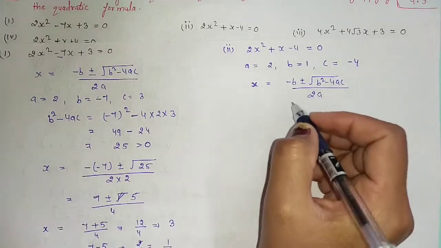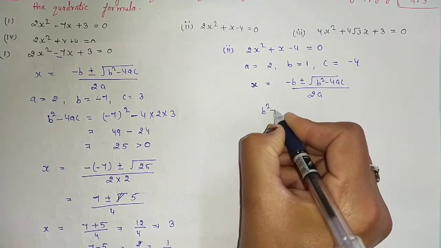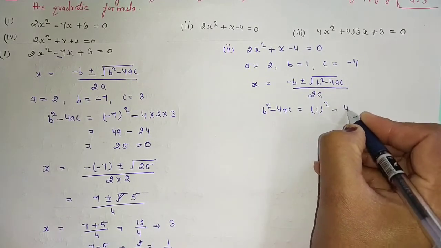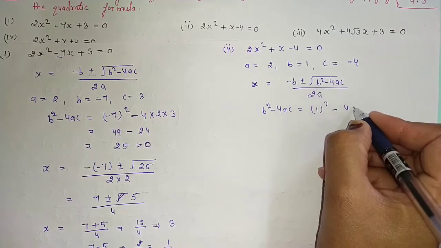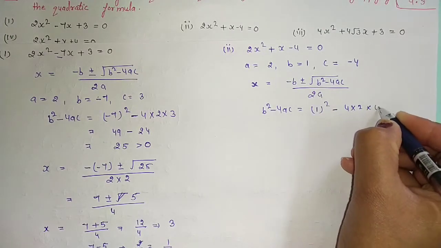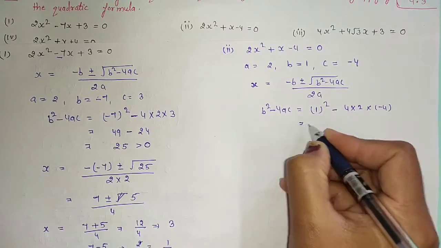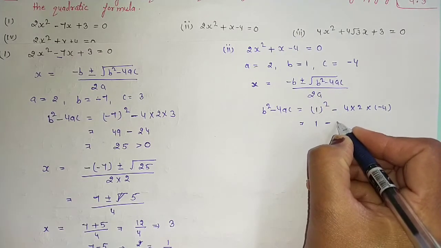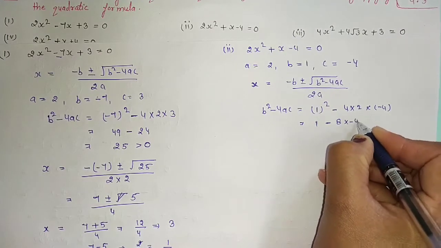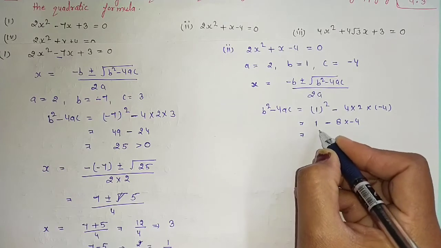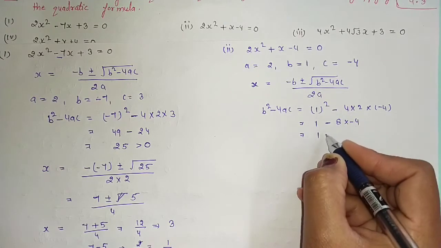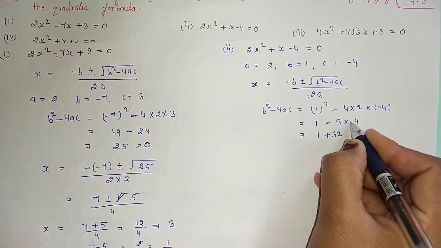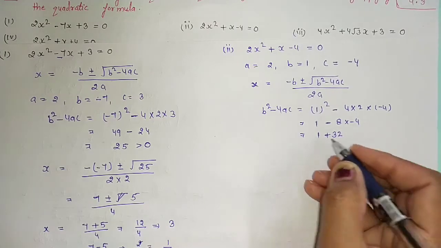First we find the value of b square minus 4ac. b is 1 square, minus 4, a is equal to 2 and c is equal to minus 4. 1 square is 1, minus 4 multiplied by 2 is 8, and 8 multiply minus 4, that is minus multiply minus is plus, and 8 multiply 4 is 32.